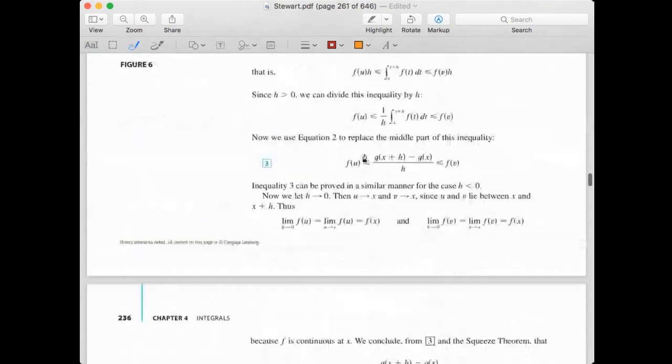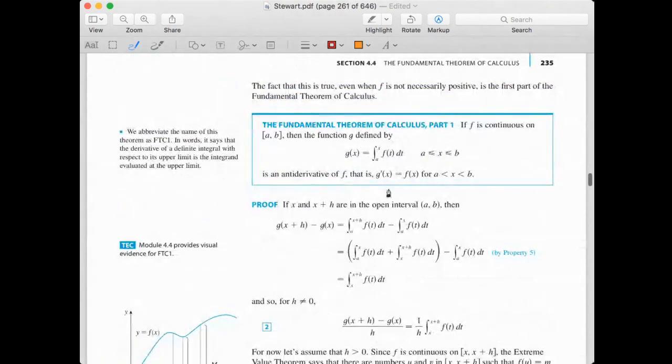According to this, we want to use this theorem. We want to check if f is continuous on a to b and x is in between a and b.